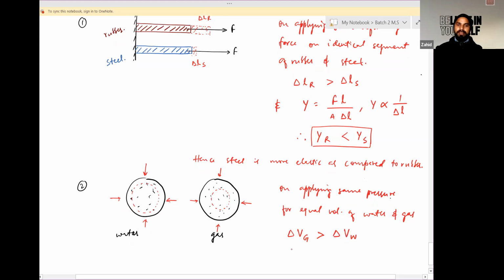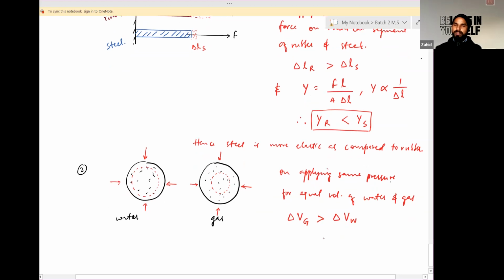And since bulk modulus is inversely proportional to change in volume, therefore beta in water will be more as compared to gas. Hence, water is more elastic.